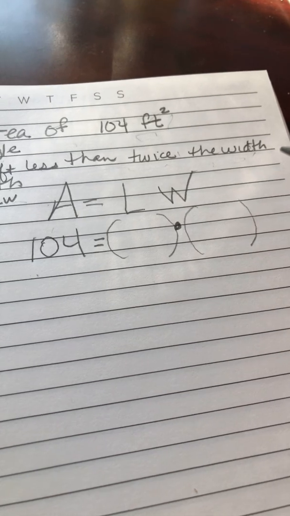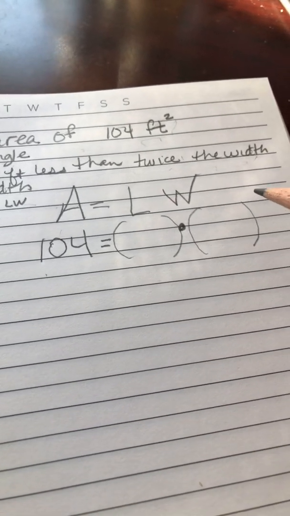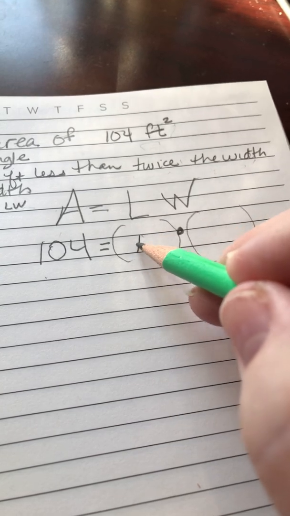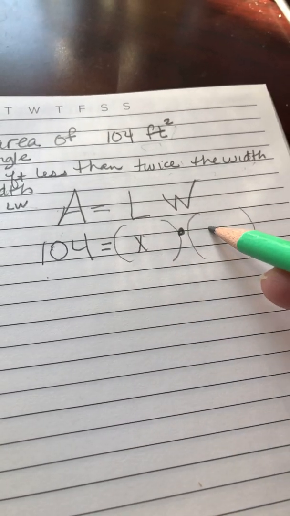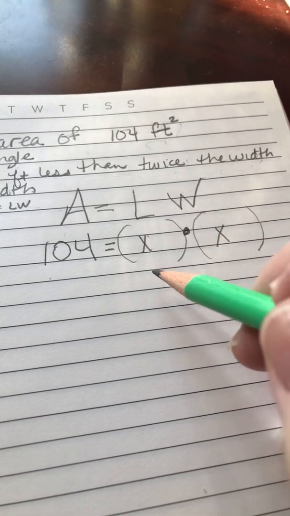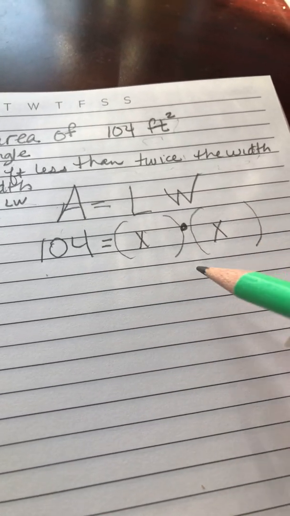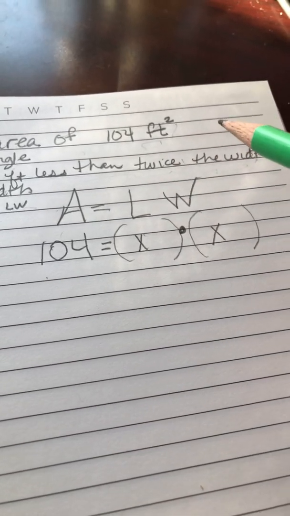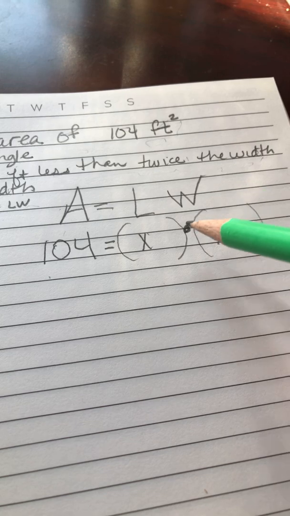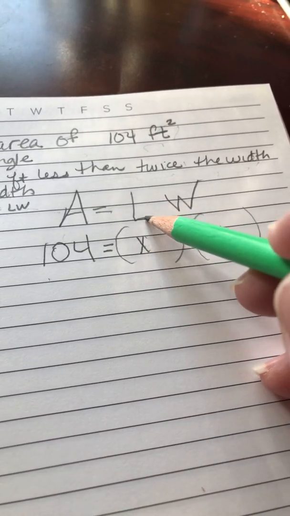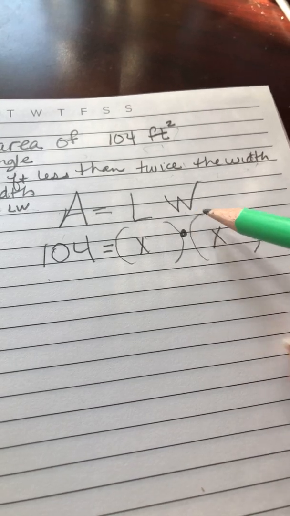And since both of them are unknown values, I like to make them both x. Now, if they're both x and that's just the way we leave it, that would mean that they're the same number. And we know that they're not the same number based on what the problem told us. But to start with, we need to just make them both have x. This x representing the length and this x representing the width.